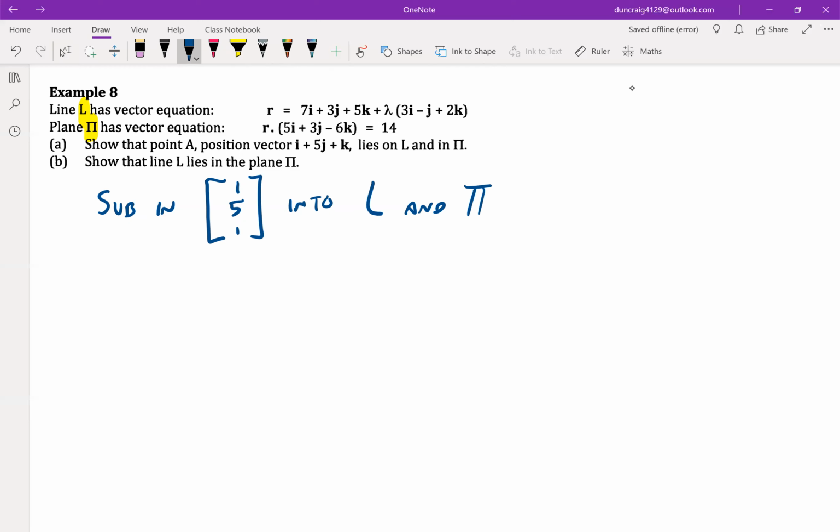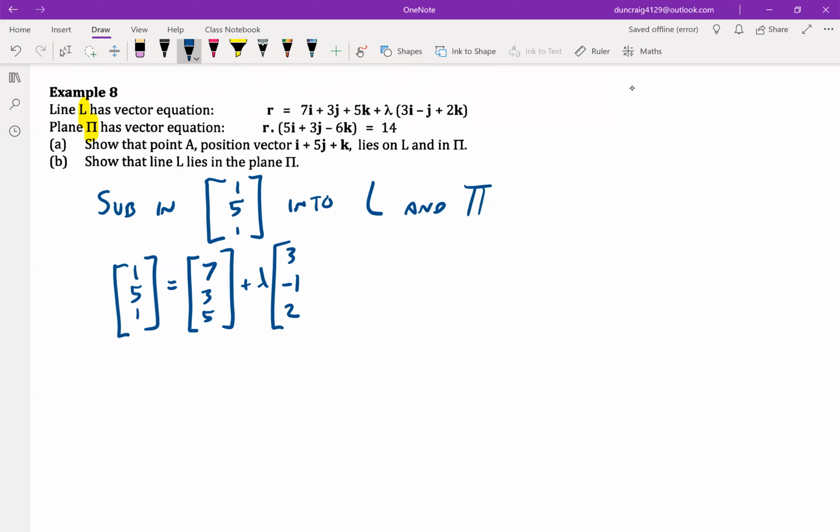In the line, we're going to get 1, 5, 1 is equal to 7, 3, 5 plus lambda amounts of 3, -1, and 2.